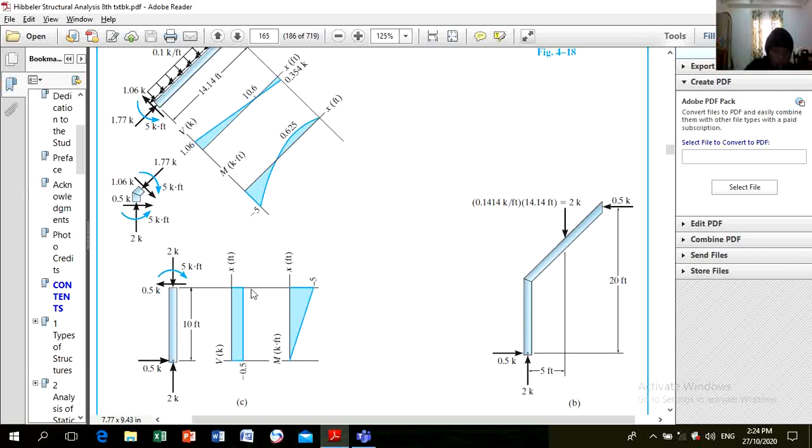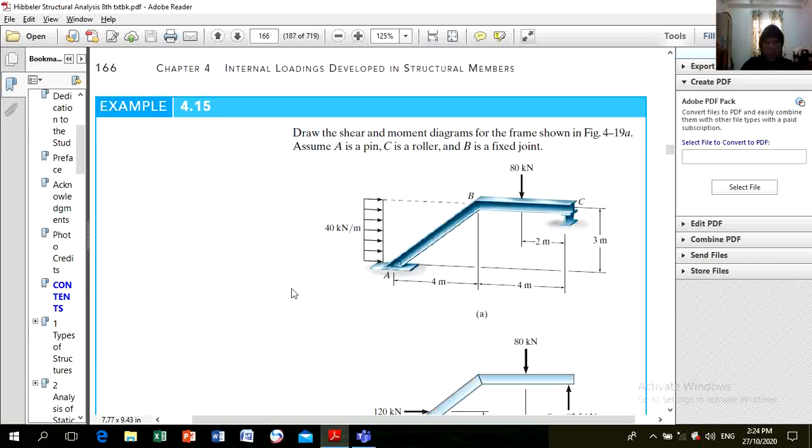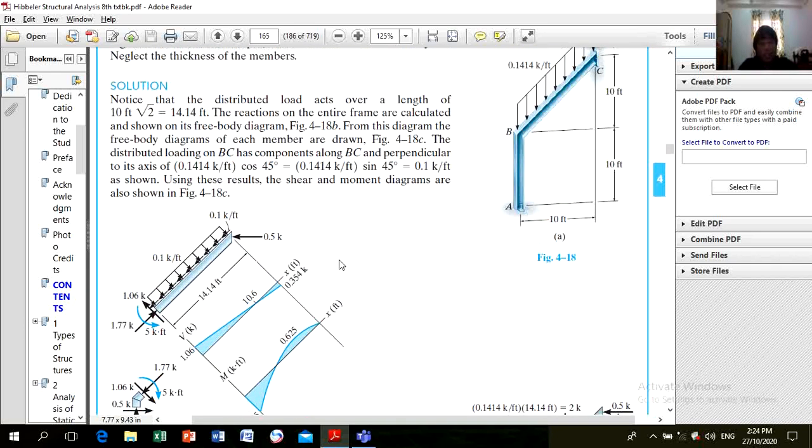Then upward positive 0.5, so 0. Next is negative 0.5 times 10, which is negative 5. Then this 5 kips per feet will make this moment diagram go back to 0 so that it will be in equilibrium. Okay? So that's it.